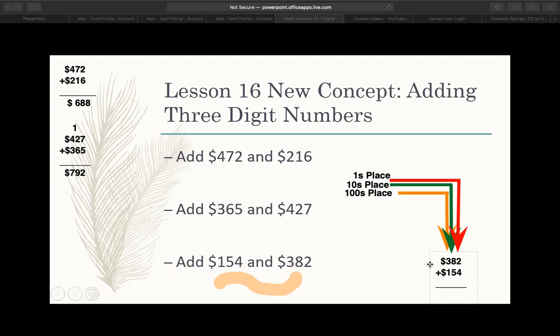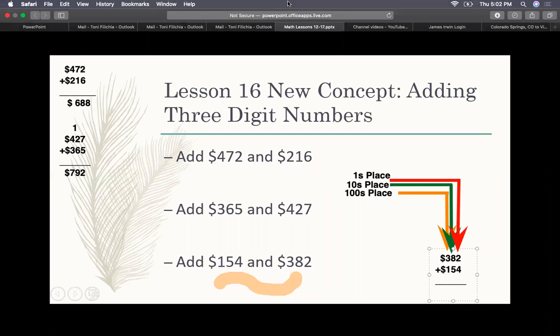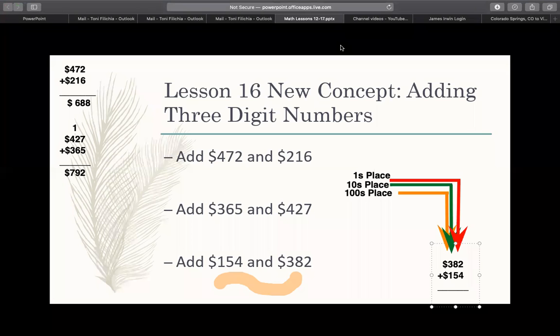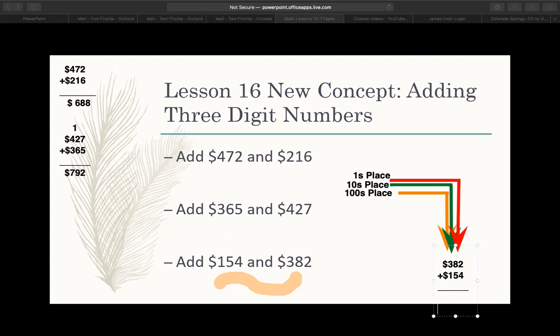So we would write 382 first and 154 below it. And then looking at our ones place, 2 plus 4. What is 2 plus 4? 2 plus 4 is 6.